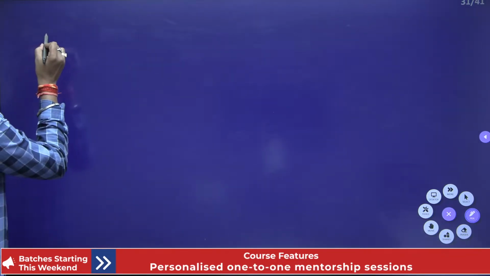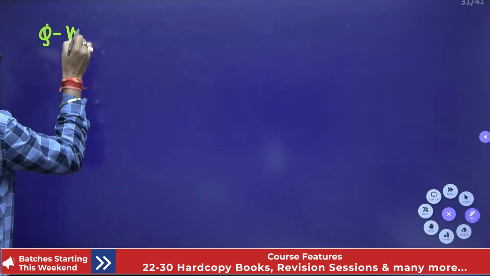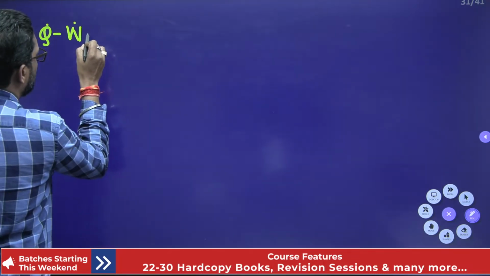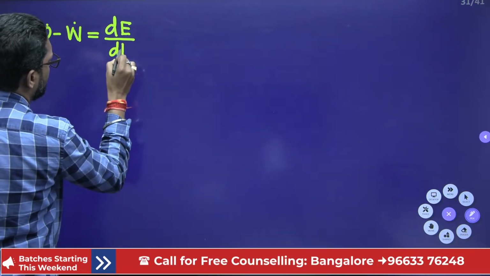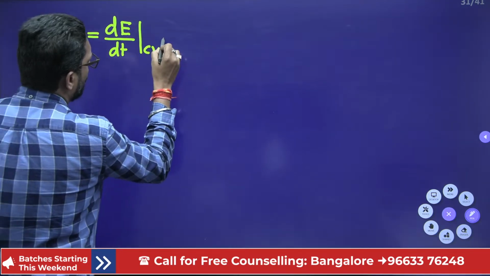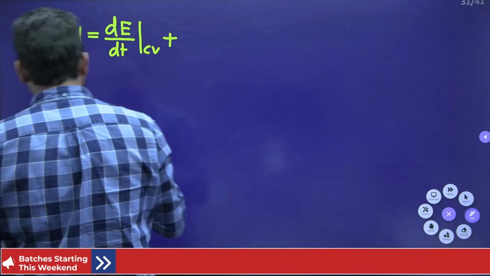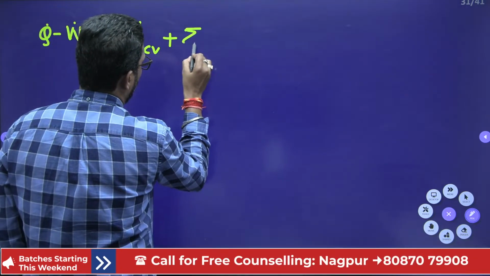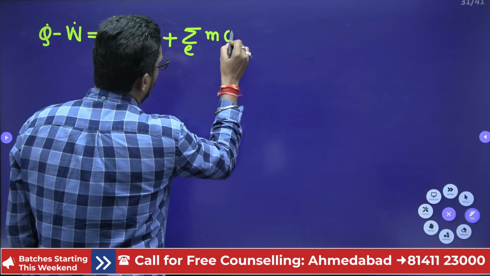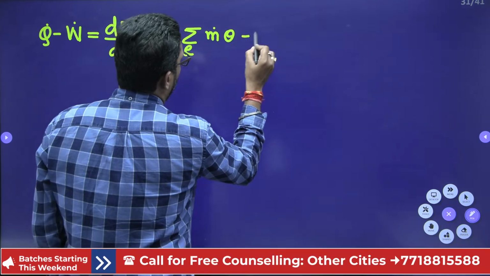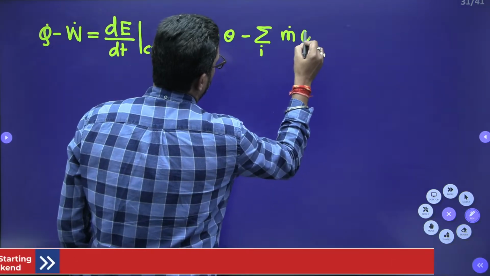You have Q dot minus W dot, this is work done by the control volume, is equal to dE by dt of a control volume plus summation at exit m dot theta minus summation of inlet m dot theta. No problem at all.